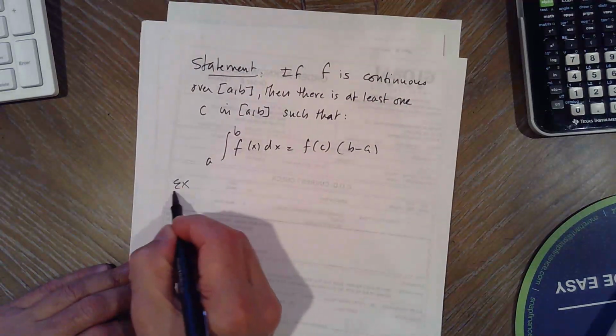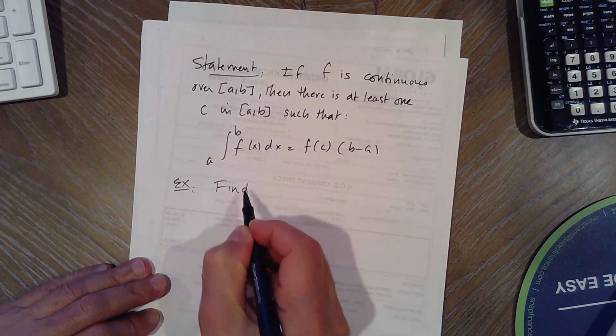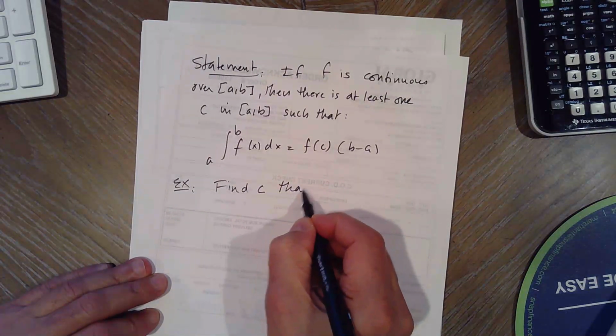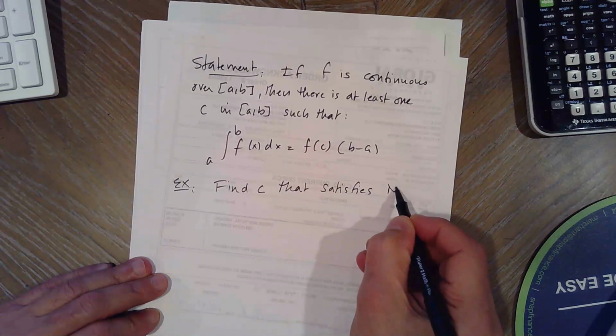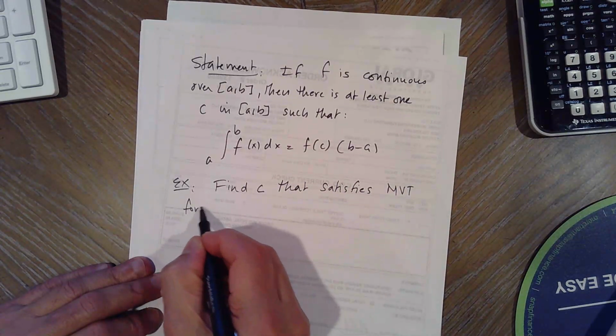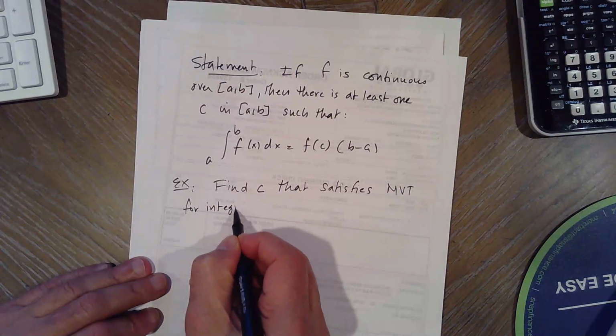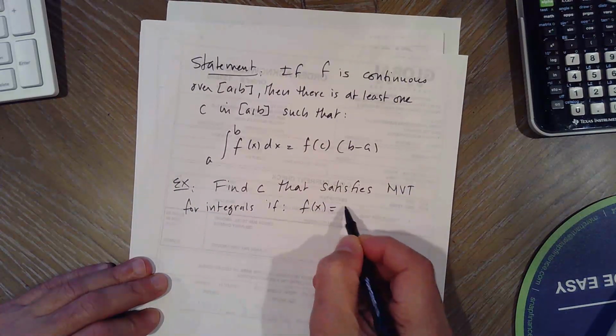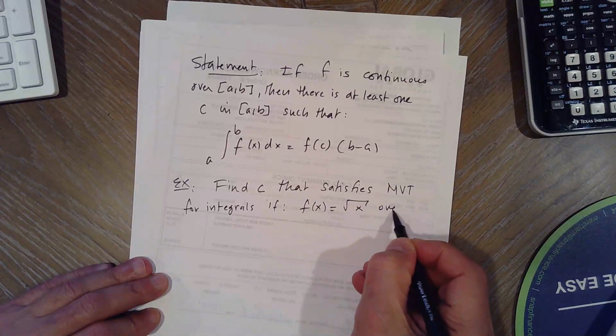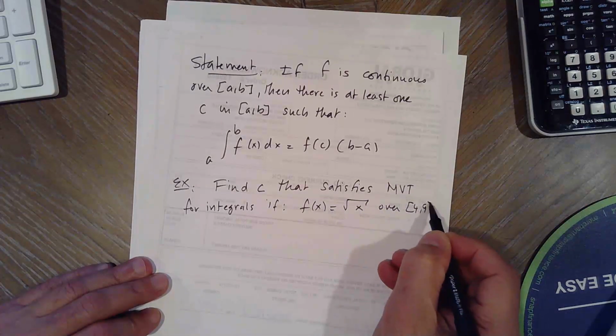So here is an example. Find c that satisfies the mean value theorem for integrals if f of x equals square root of x over [4, 9].